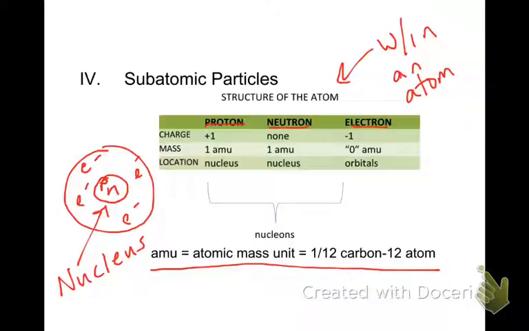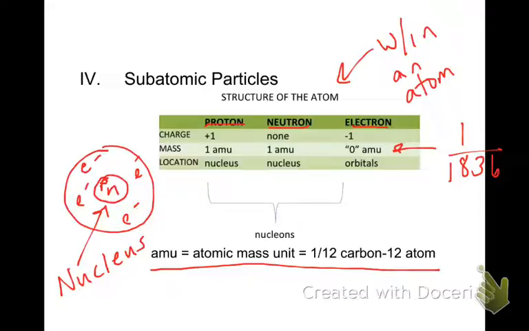And our electrons have a charge of -1. They have what we would call 0 AMU because they're so small in comparison to the atomic mass of a proton or a neutron. Remember, 1/1836 that of a proton or neutron. So essentially they really don't add as much to the overall mass of the atom.